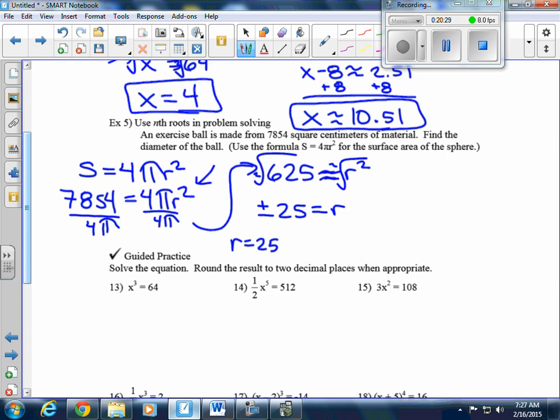The question says find the diameter of the ball. So if the radius of this ball is 25 centimeters, what is the diameter? Well, the diameter is twice as long as the radius. So the diameter of the ball is 50 centimeters.